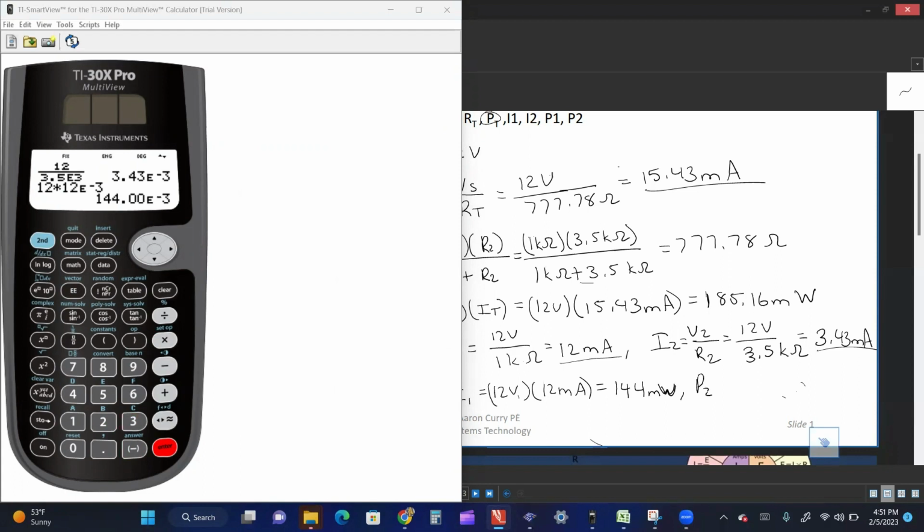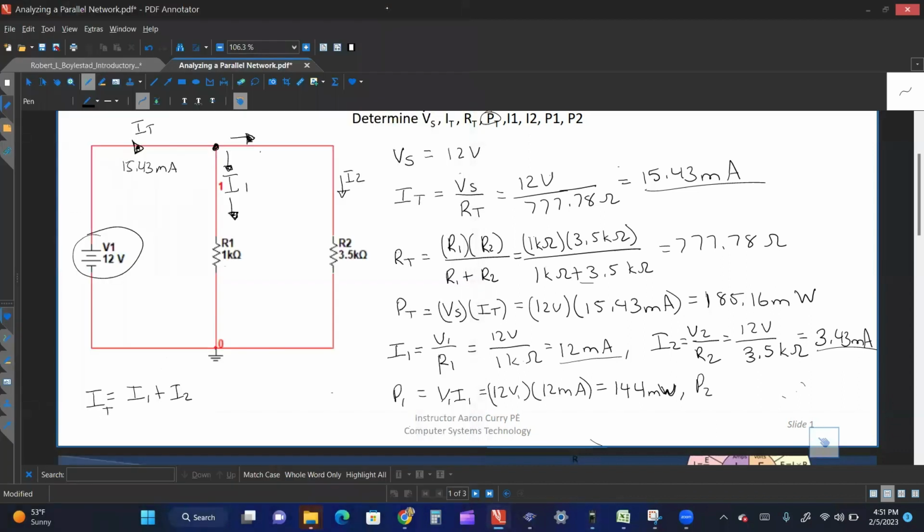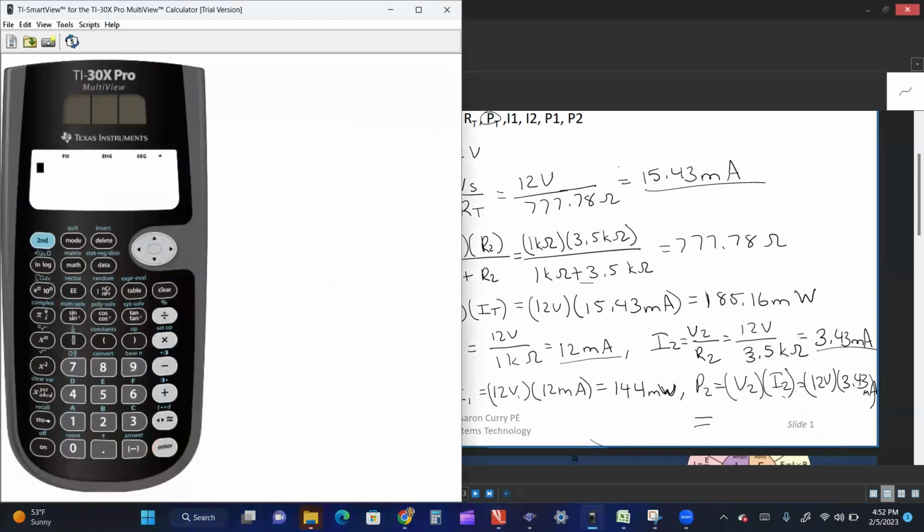And then P2 equals V2 times I2. And so that V2 is 12 volts times 3.43 milliamps. We plug that into our calculator.